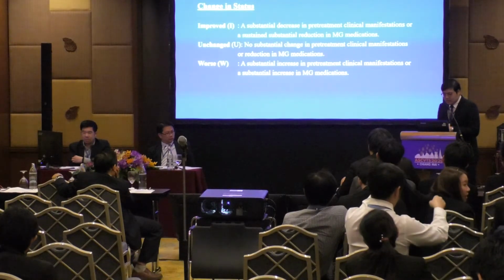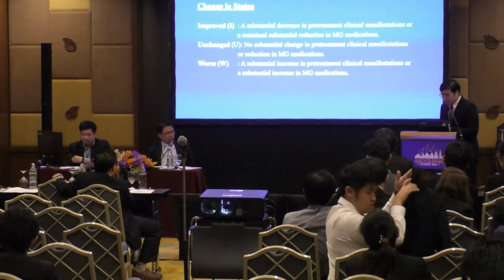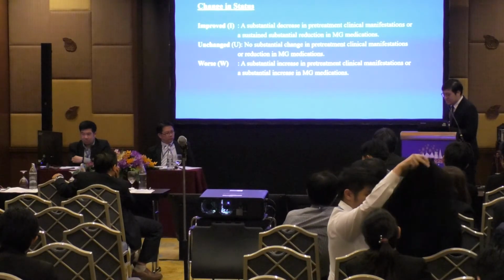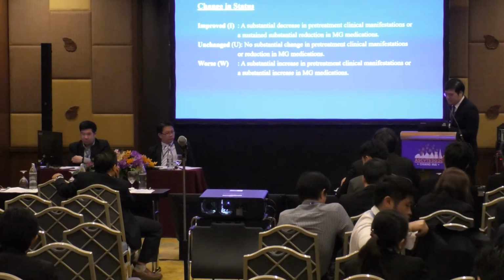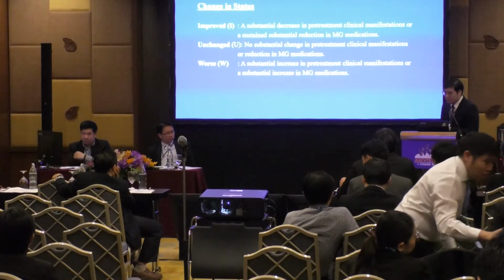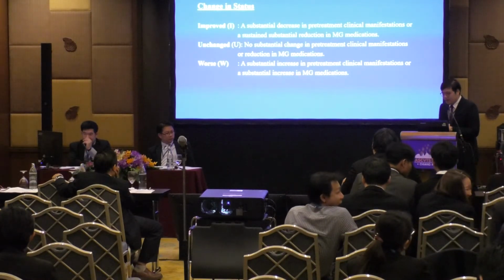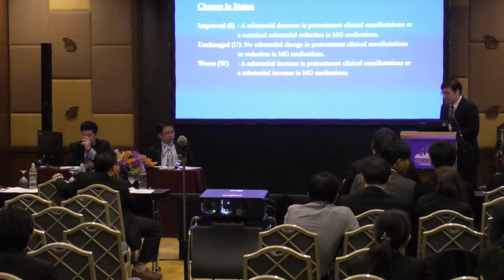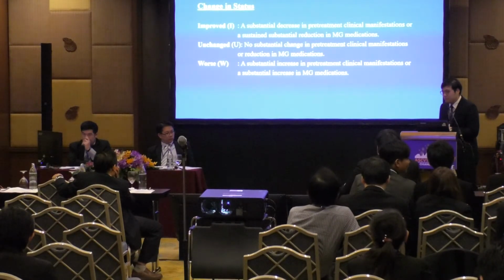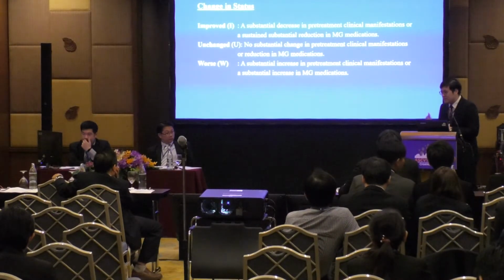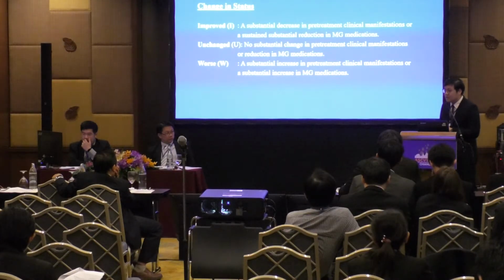And this group is the worst one. It's change in status. Change in status does not mean improvement in clinical, but improvement in medication. That means it can reduce the medication that the patient takes, but did not improve the clinical condition of the patient.